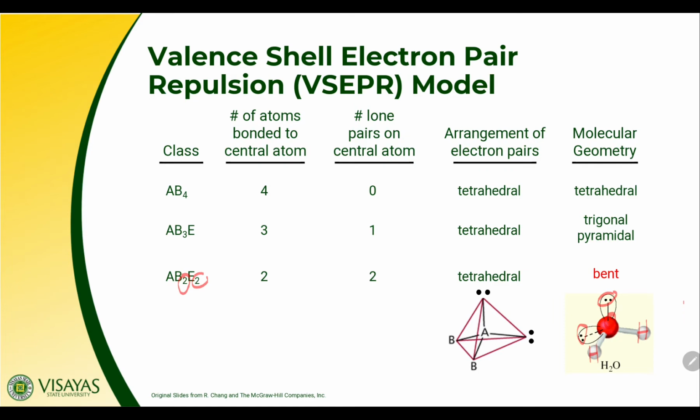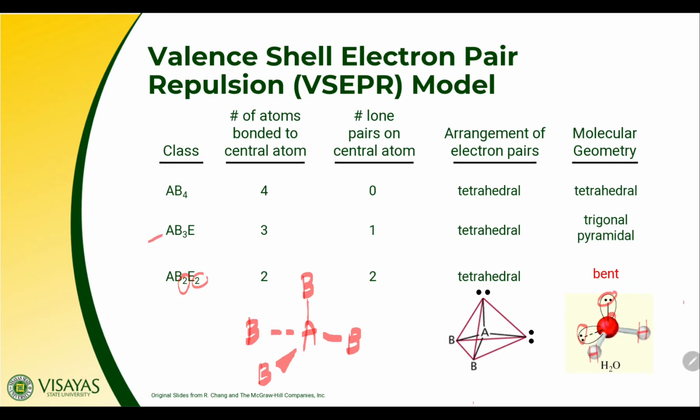Okay, now let's go back to how we draw tetrahedral. We have our central atom, then we have one atom at the top, one on the side at the back, one at the front, and one on the side. So when we have 2, let's go back to AB3E first.